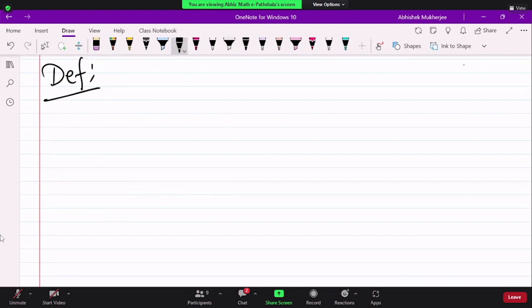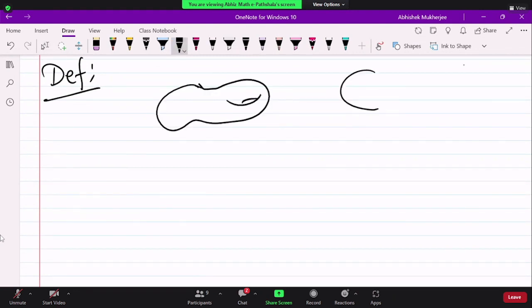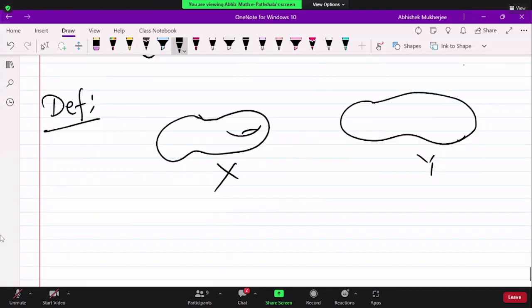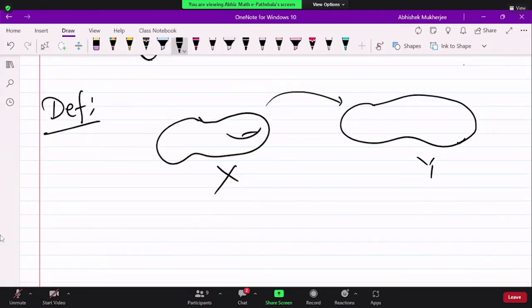Suppose you have a space and you have another space here. Suppose it is your X, it is your Y, and you are considering two continuous maps. One is, let us call it F, and another one is from Y to X, which is G. Okay.